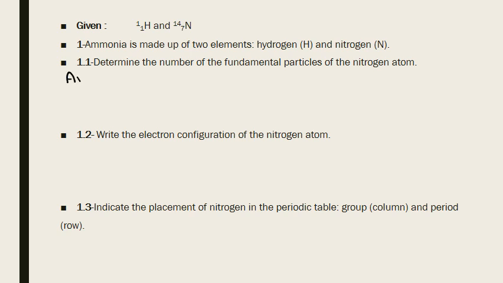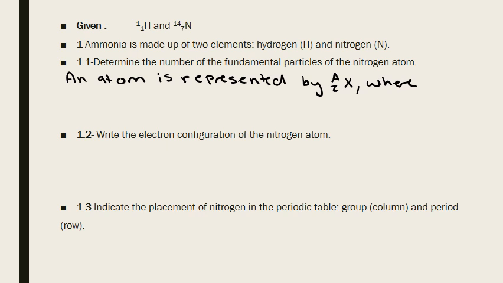So an atom is represented like this, where Z equals atomic number, which equals the number of protons, which also equals 7.